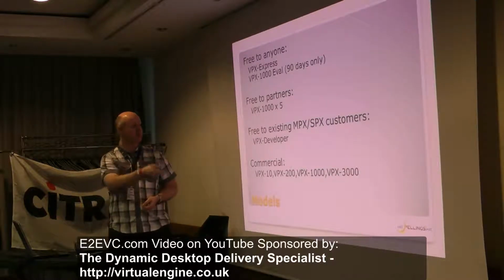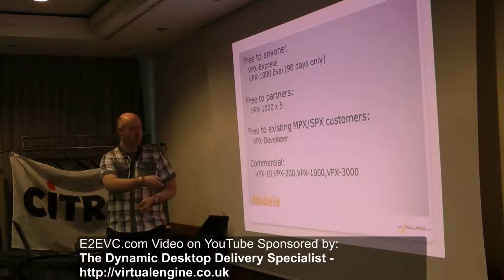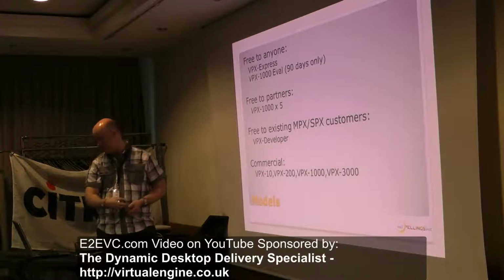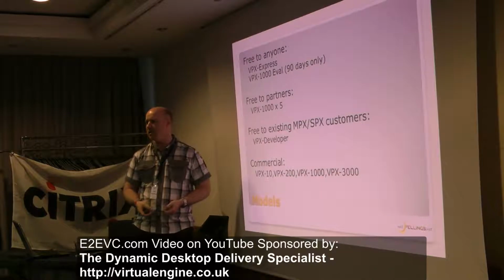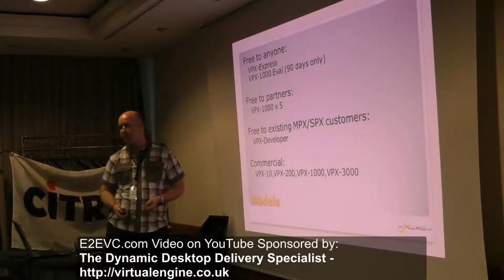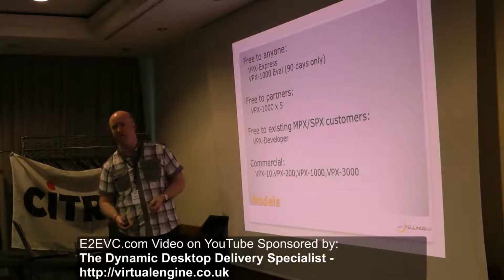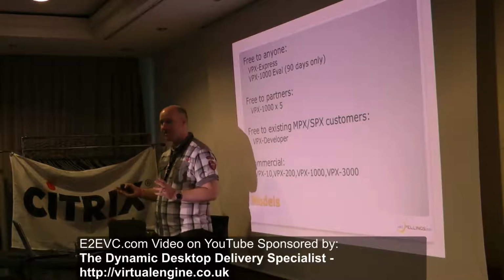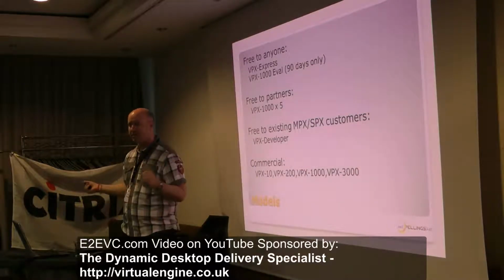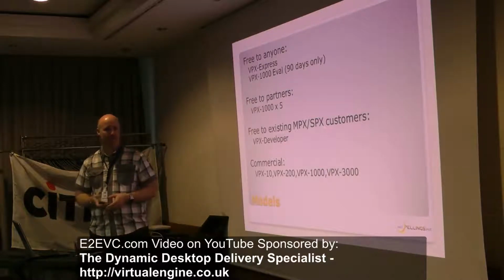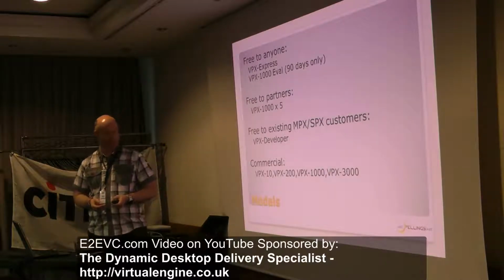The VPX Express is, I think, even more restricted than 10: 5 megabits. Citrix did say once that they were going to increase that to 10, but I can't find any evidence of them ever doing that. There was a blog post about a year ago saying VPX Express is 10 megabits, go for it. It never seemed to happen, which is a bit strange.